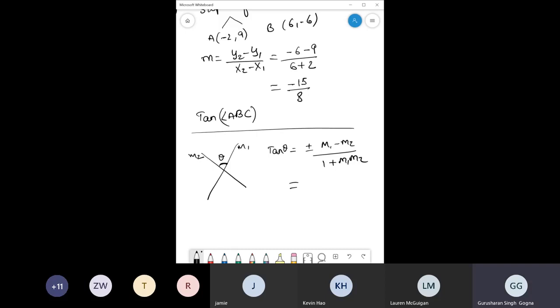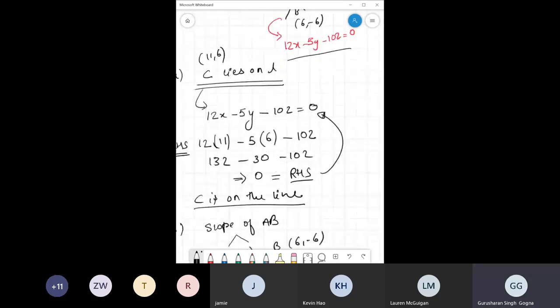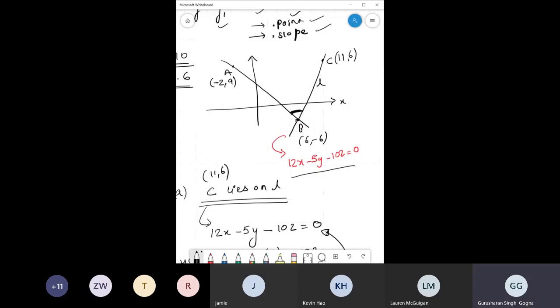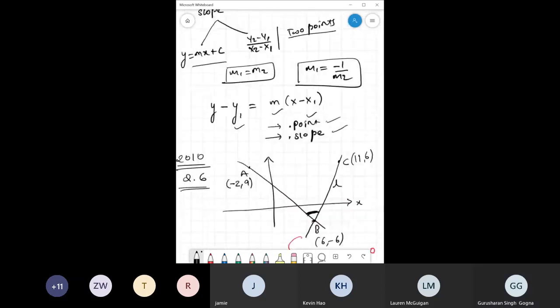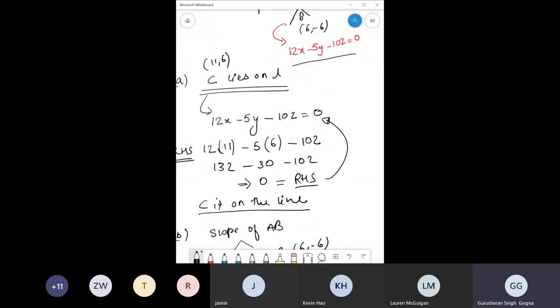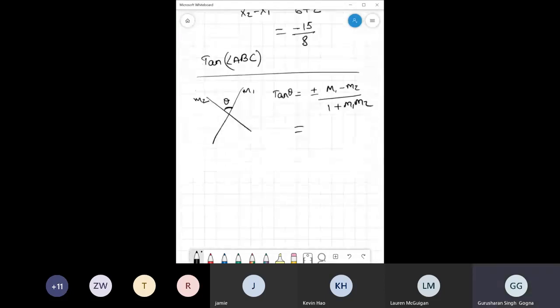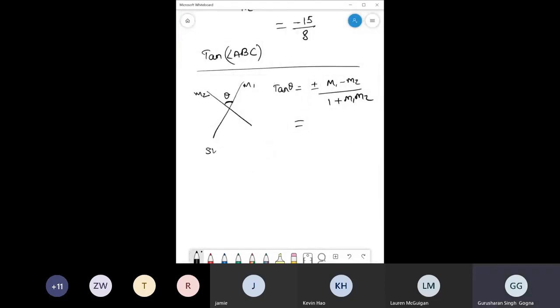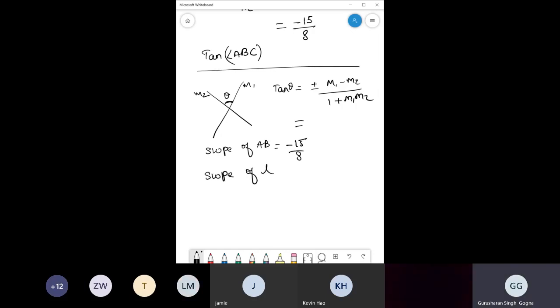So one slope is minus 15 over 8, and the other slope is, what is the other slope? We don't know, but we need to find out. Okay. So let us write down here. Slope of AB, which we already know, minus 15 over 8, but we don't know the slope of line L.